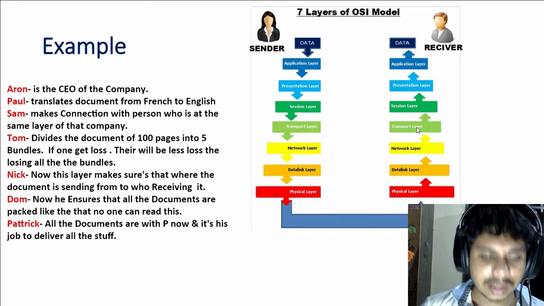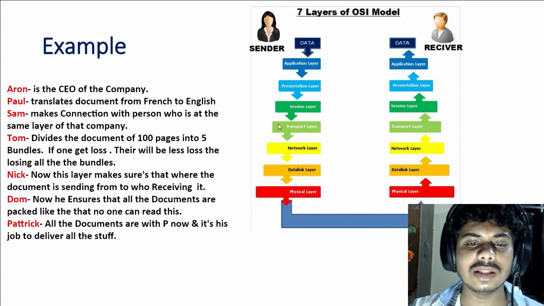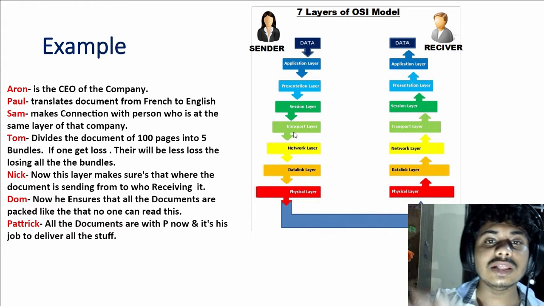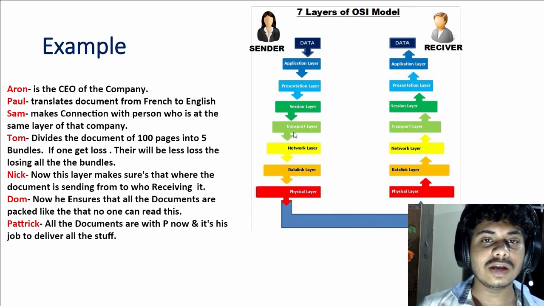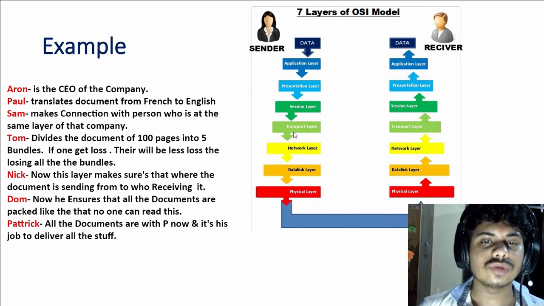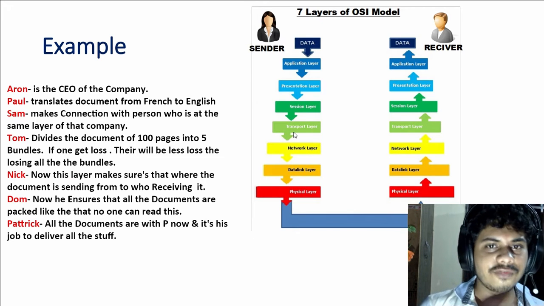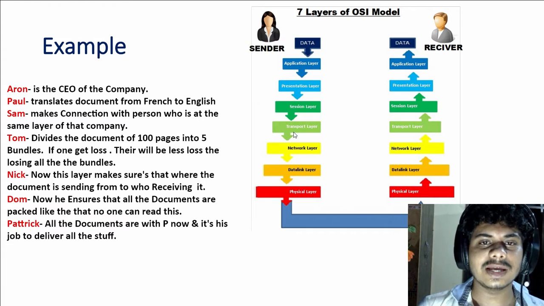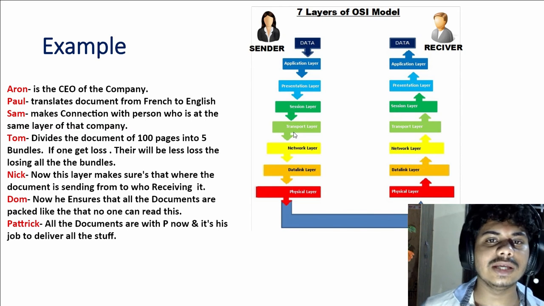I just want to make one point here. When the documents are in the hand of Tom here in the sender's company, why has Tom divided all 100 pages into 5 parts? Let's take an example: if my document is lost, then all the data is lost.